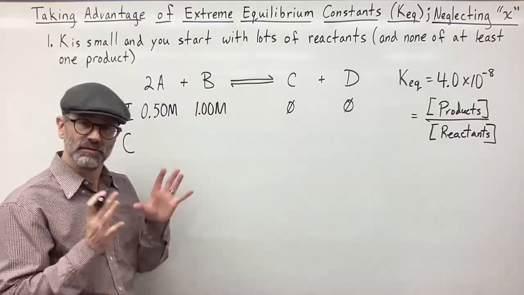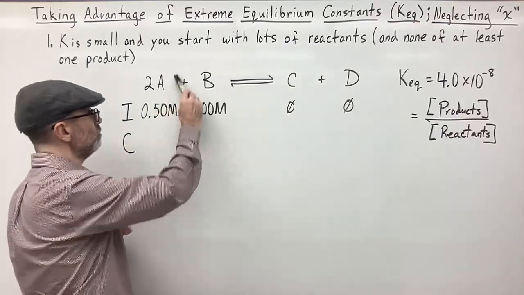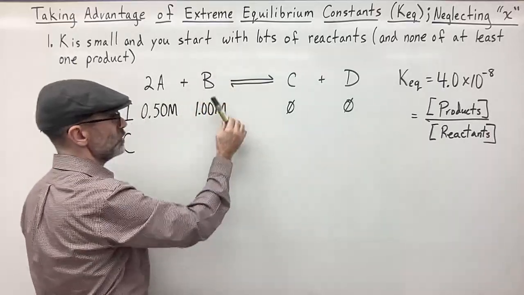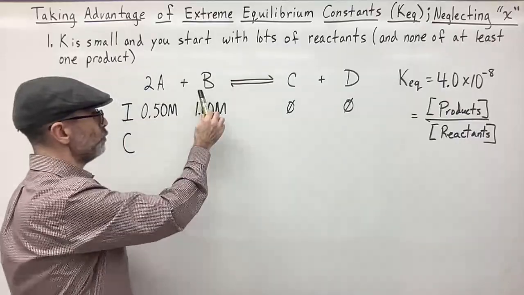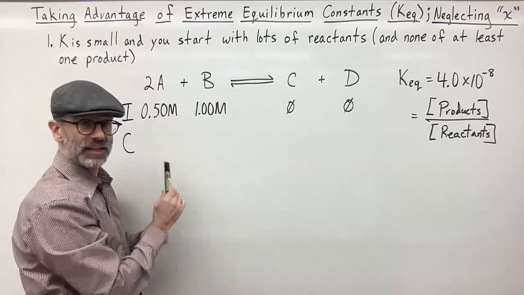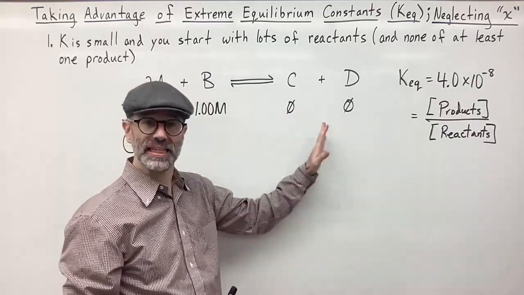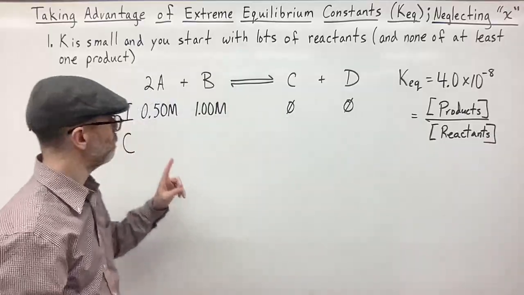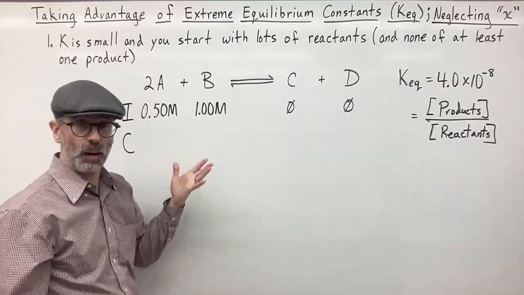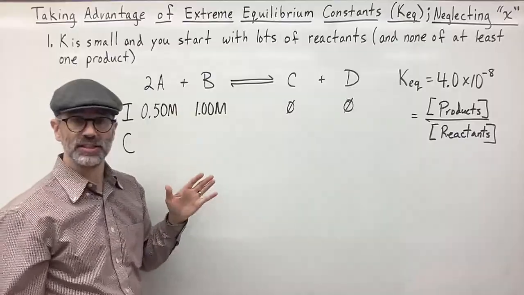Let me clarify. If I use up A relative to B to make C and D, for every one B that I use, I need two A's to react to form C and D. So whatever I lose of B, I'm going to lose double the amount of A, because of the balanced equation.